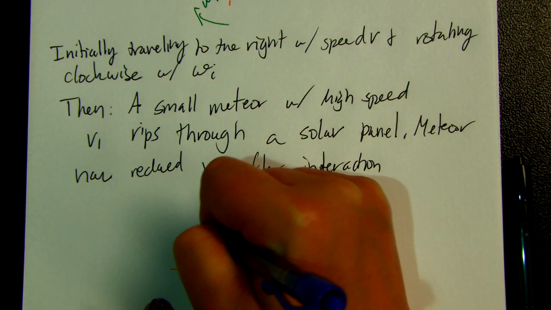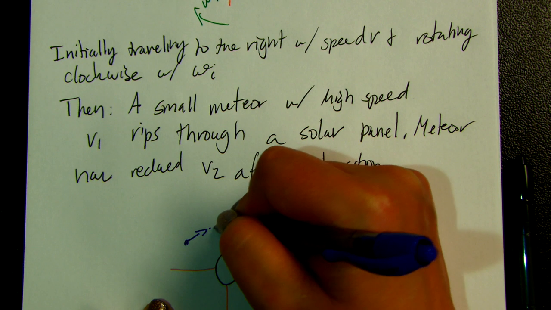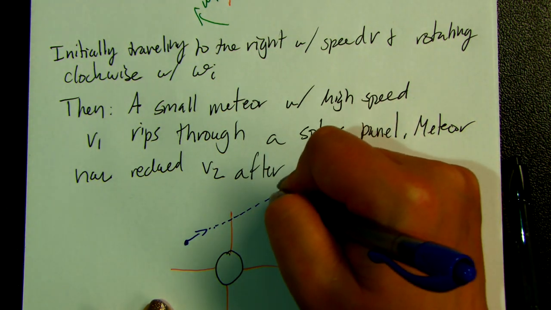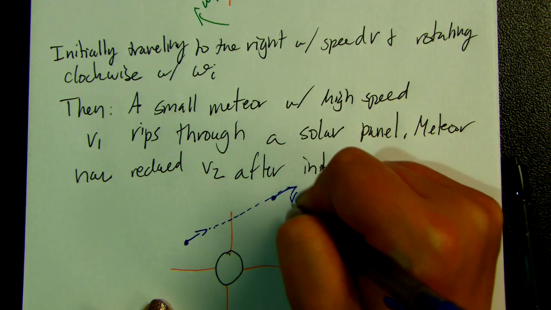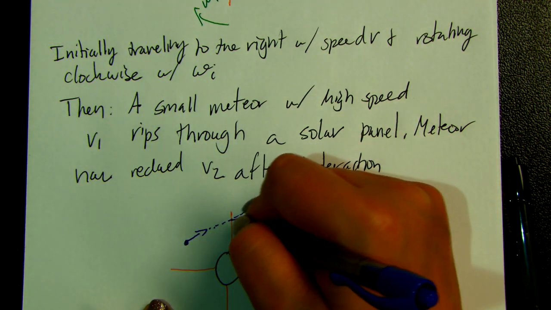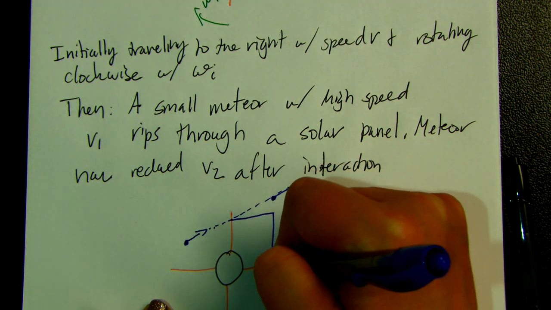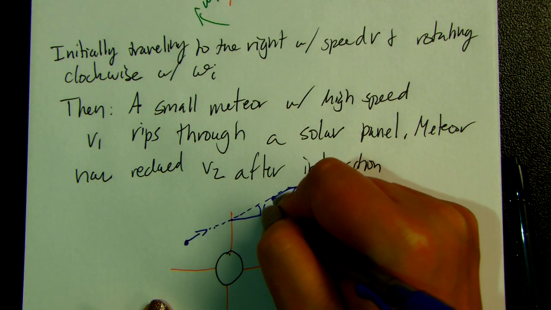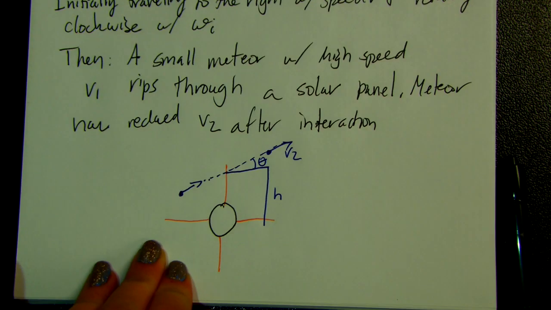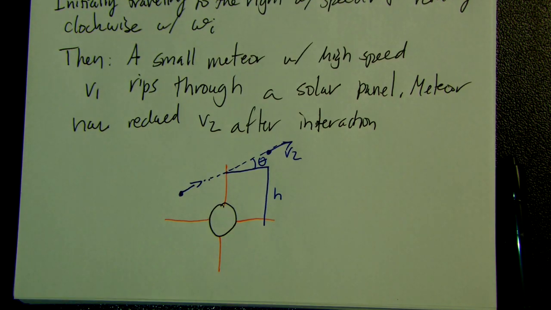Here's our meteor. Okay, so it hits at height h, and we can see the angle that it comes in at, theta.